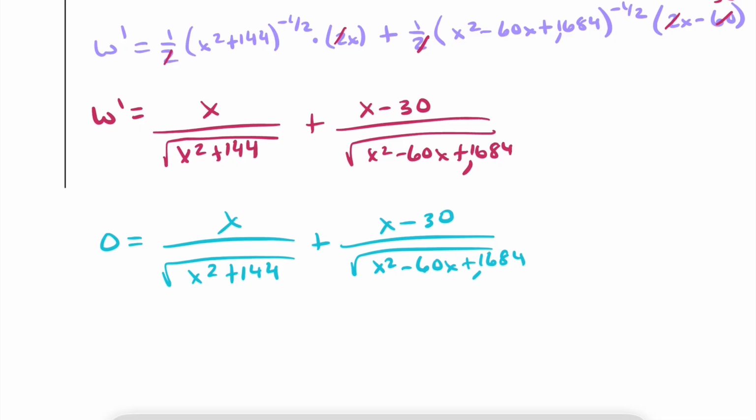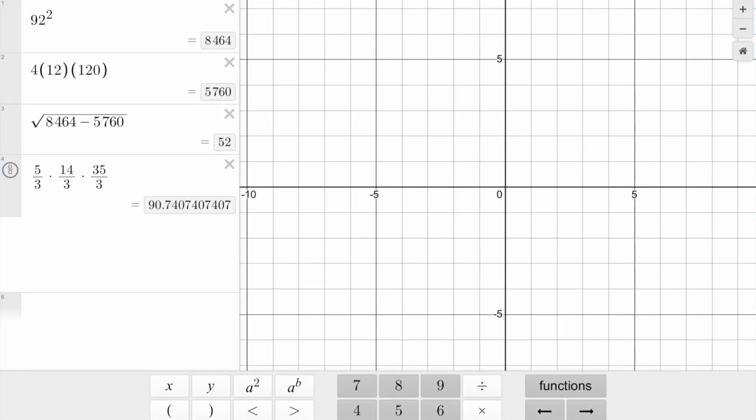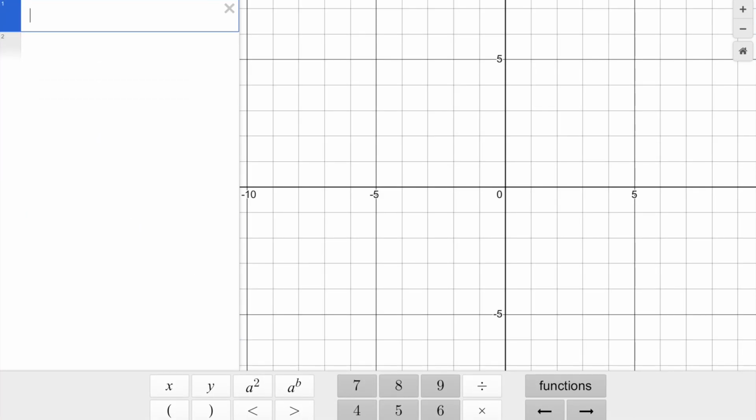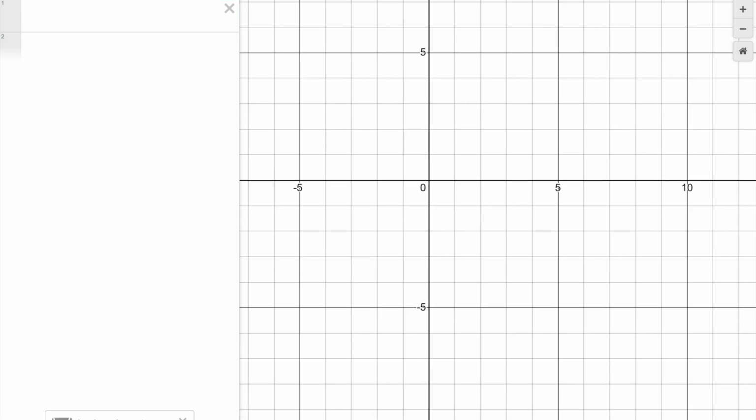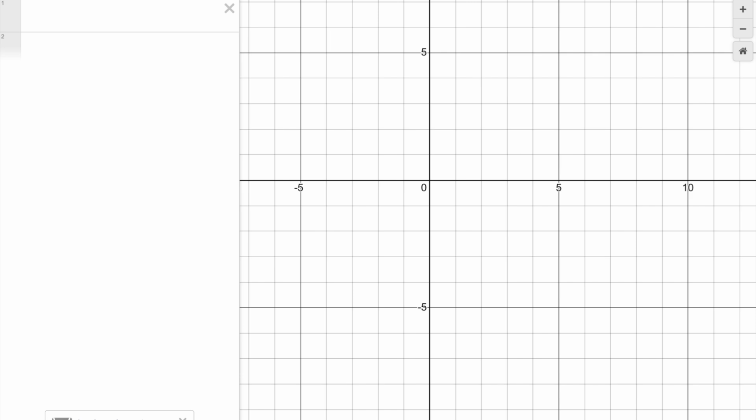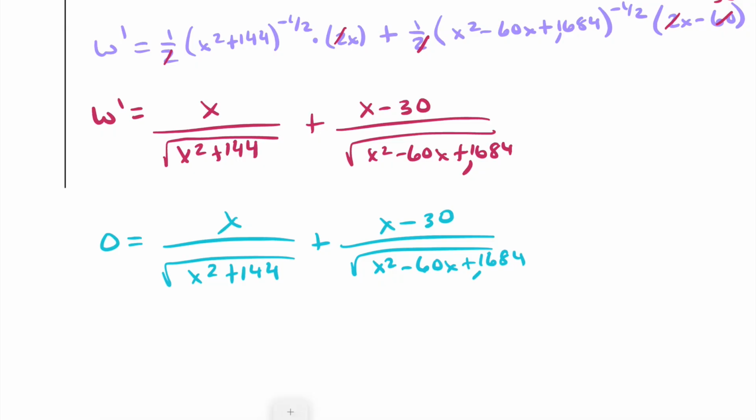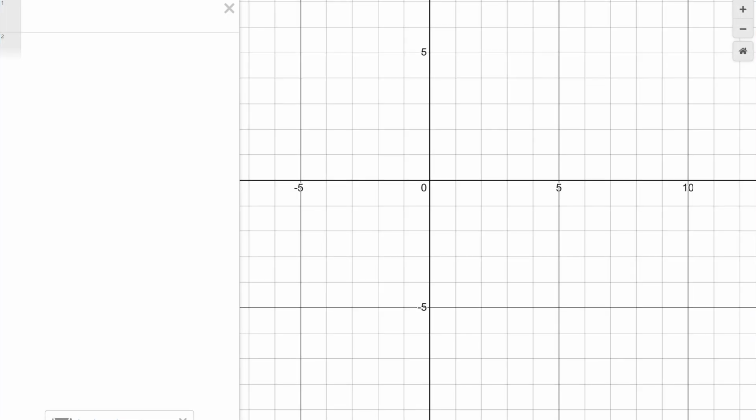But what you would need to do is in your y equals, type in this equation, and then look for an intersection with the x-axis using, I think it's second, whatever the code is at the top there, but I forget. I don't have my calculator near me. So x over the square root of x squared plus 144.